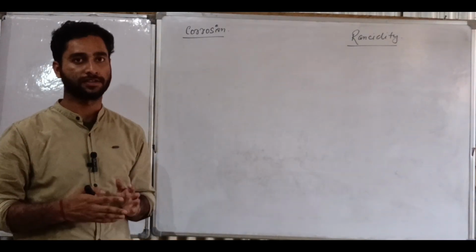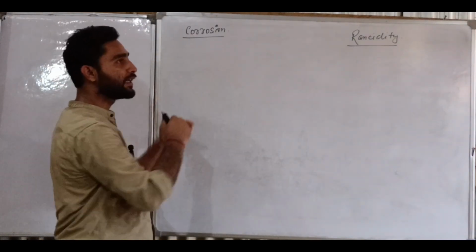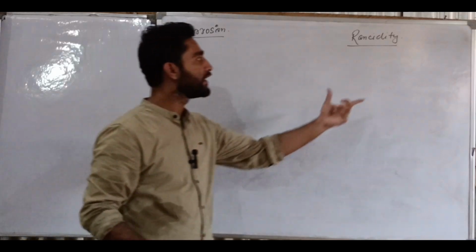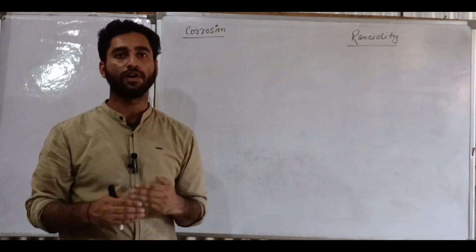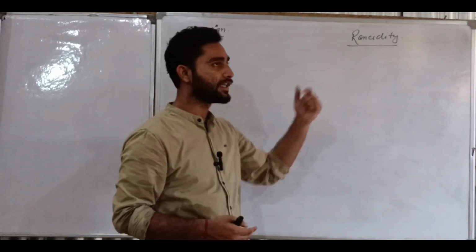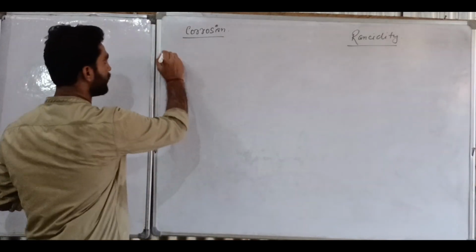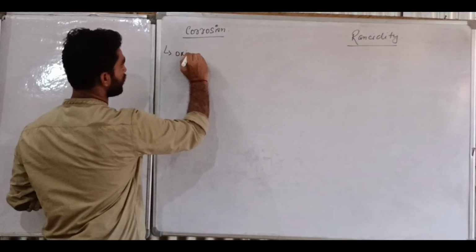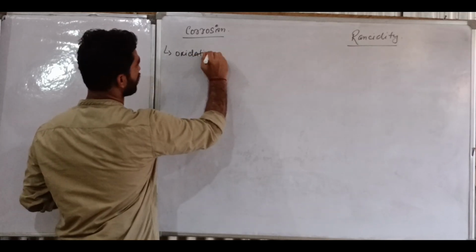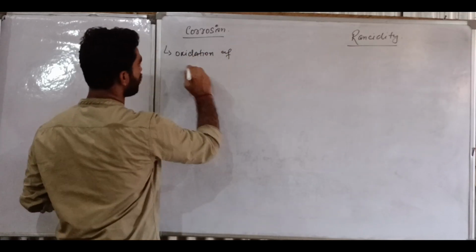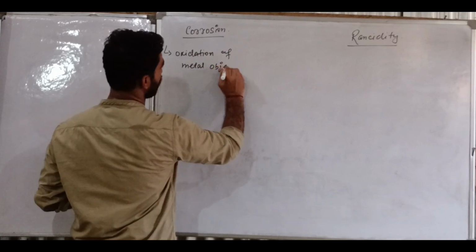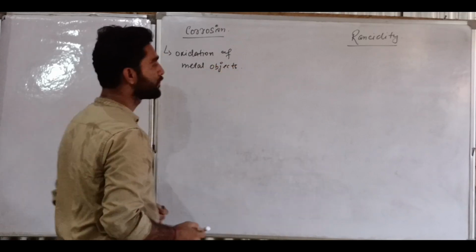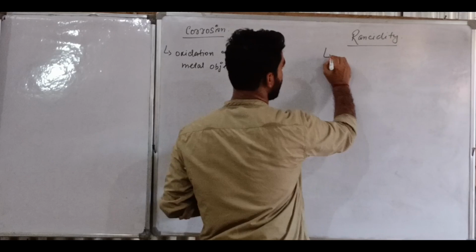Corrosion means the damaging of metal objects, and in case of rancidity, it is the damaging of food items which contain oils and fats. So corrosion means the oxidation of metal objects, whereas rancidity means what?